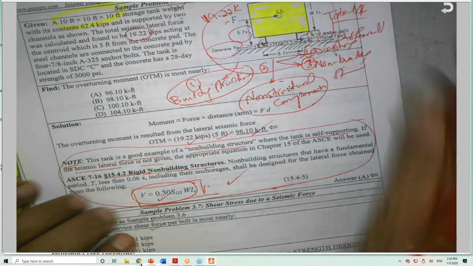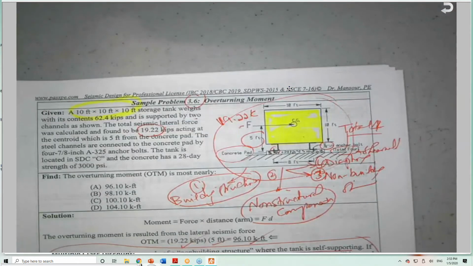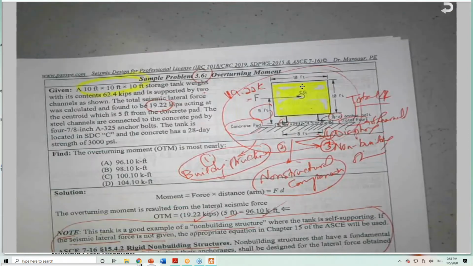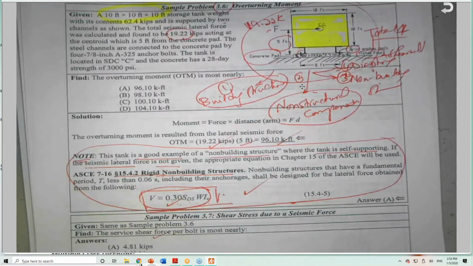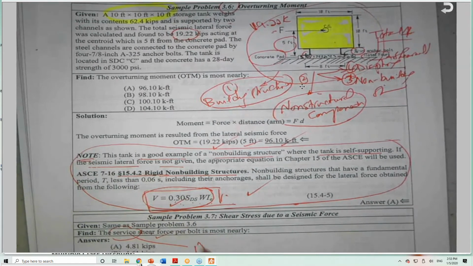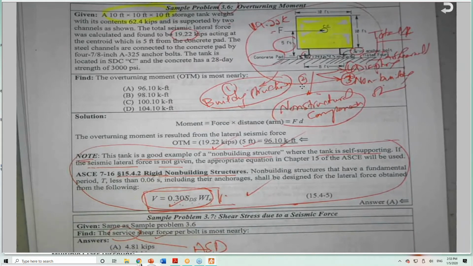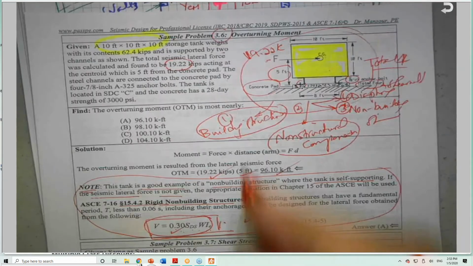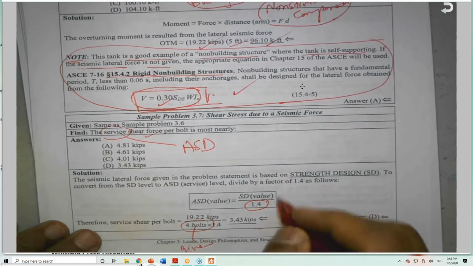And we need to know how to read the plans and pay attention to all the information given. So if you look to this, he's asking, the word service means ASD. And since the seismic force is the strength design, I divided by 1.4. Do you remember the conversion?